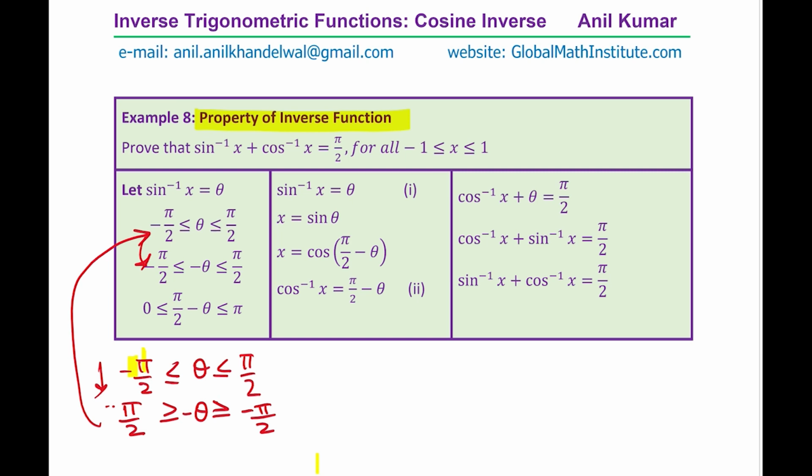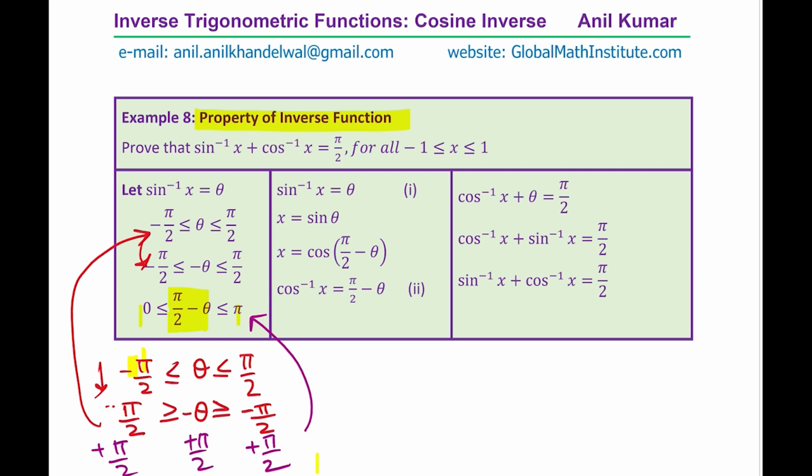Let us add pi by 2 to all, to get to the next level. So we get 0, which is less than or equal to pi by 2 minus theta, which is less than or equal to pi. So we are trying to say that pi by 2 minus theta is between 0 and pi. That is the condition for cos inverse.